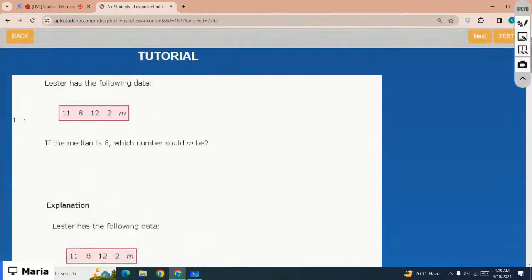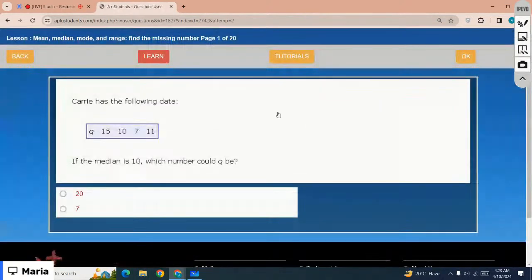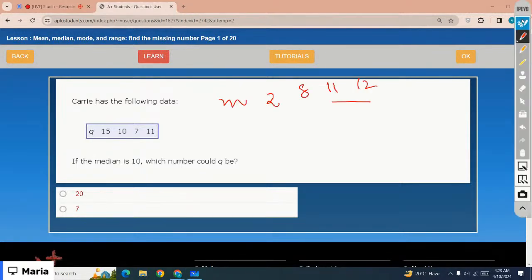Let's just start with the test questions. Carrie has the following data. If the median is 10, what number could Q be? Right? Median 10 means 10 is the middle one. Before 10, you have the numbers that are less than, and numbers that are greater than 10.